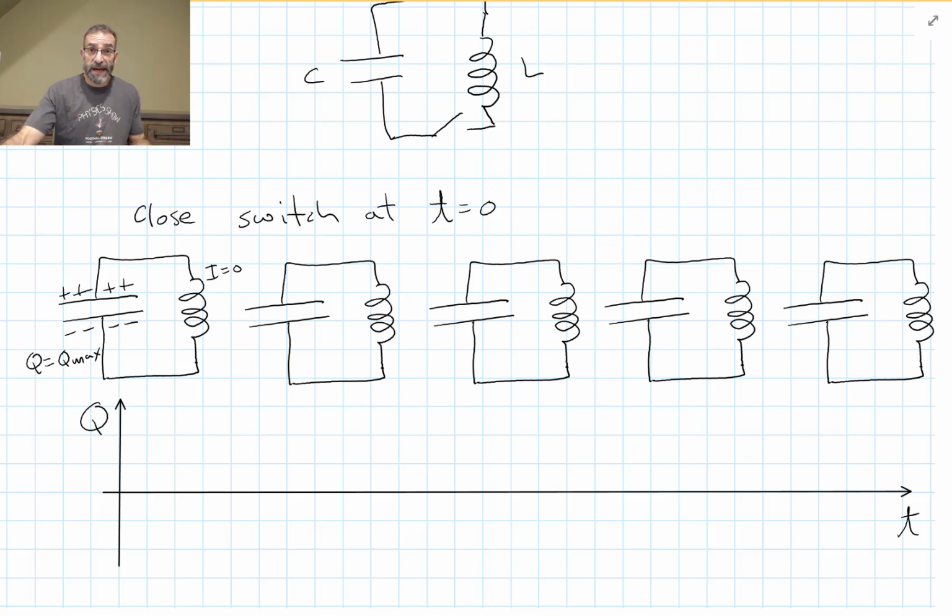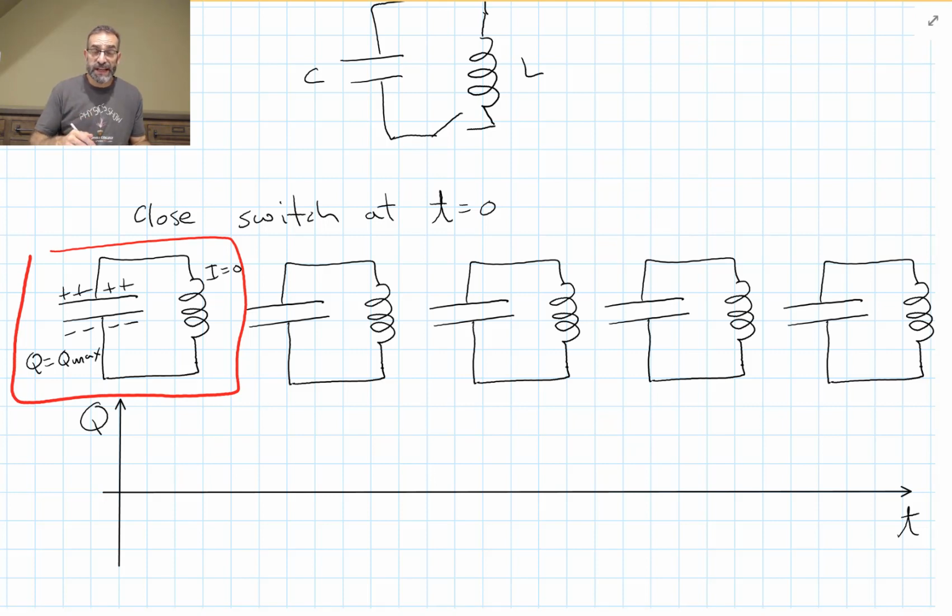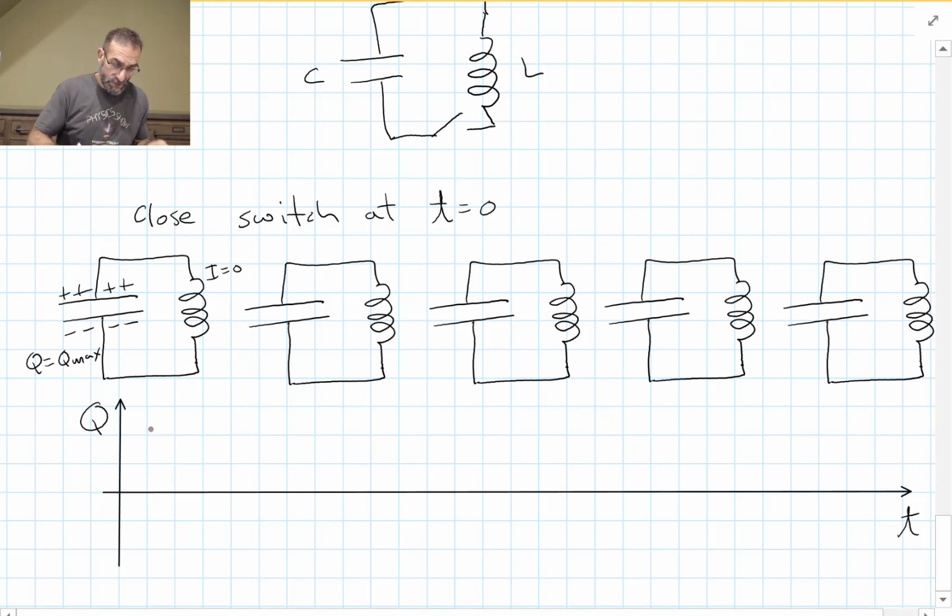So at t equals 0, our circuit looks like this. The capacitor is fully charged. We've just closed that switch, but current doesn't start flowing immediately because of the inductance in the coil. So we have 0 current flowing and the maximum charge on our capacitor.